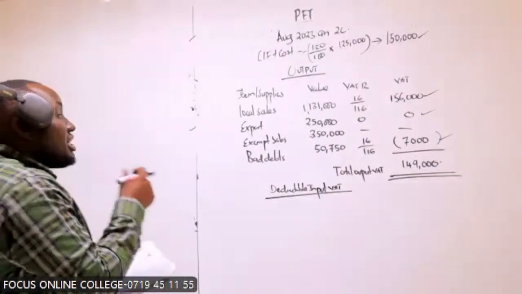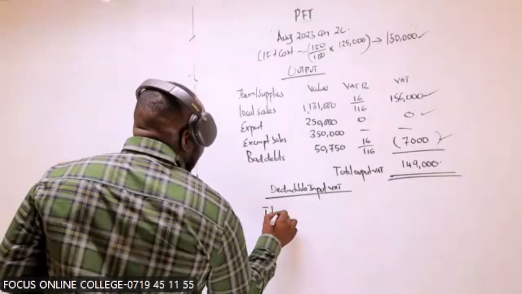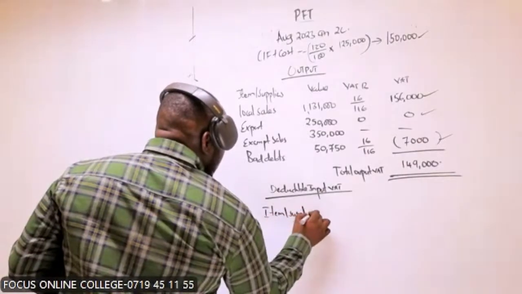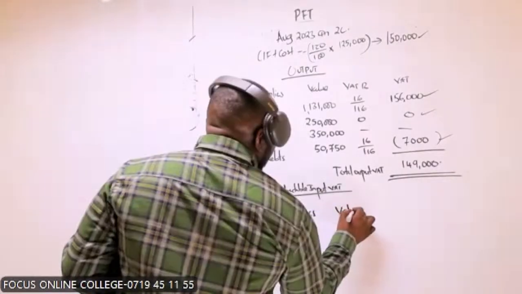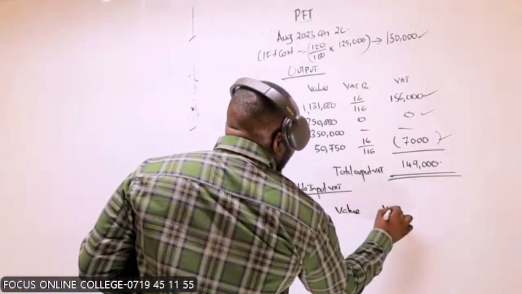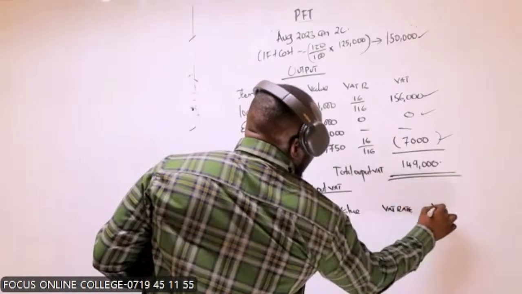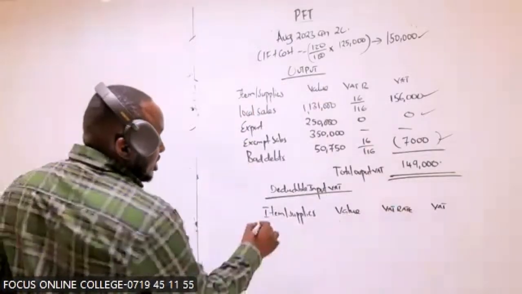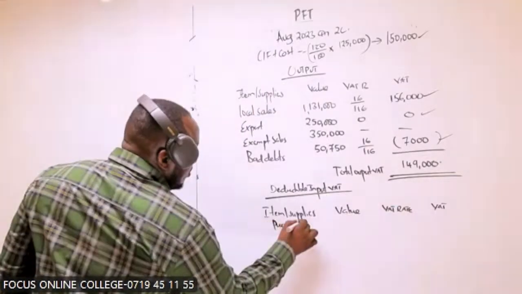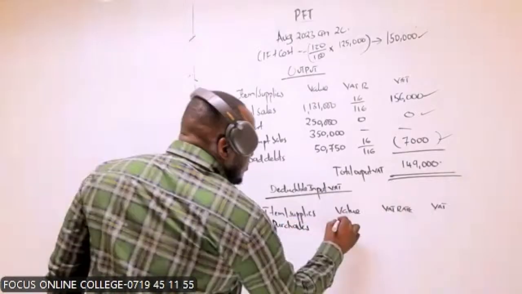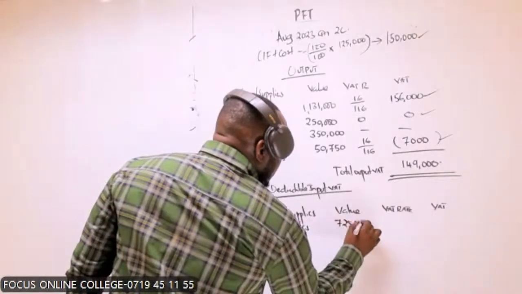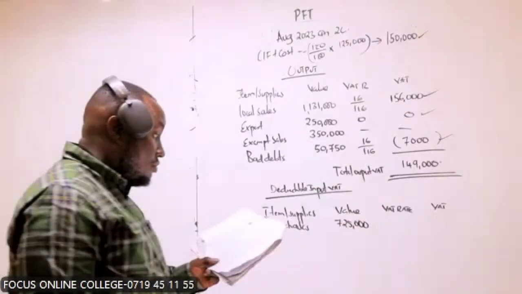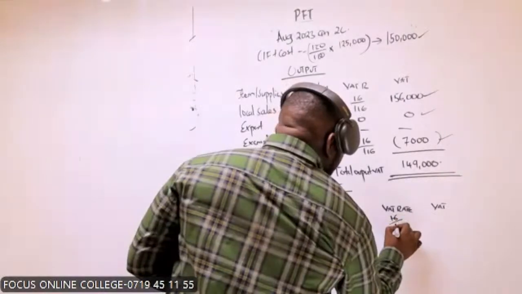So let's start with the VAT input total item and value. We have the VAT. So the first item is purchases. 16 over 116. Get me that.